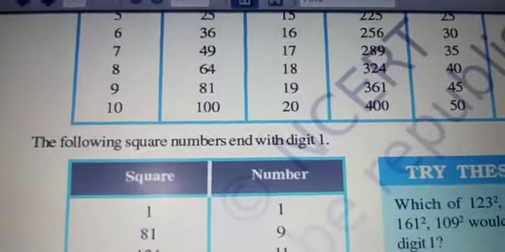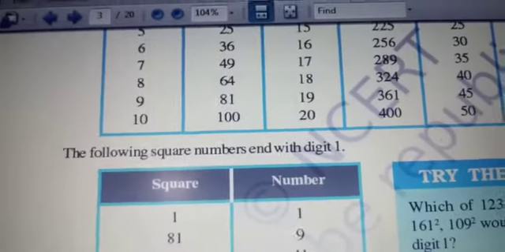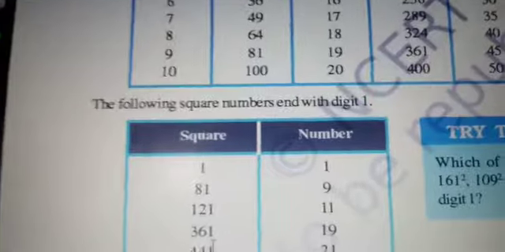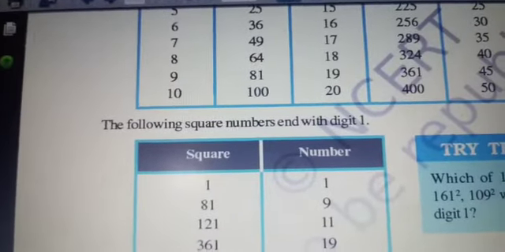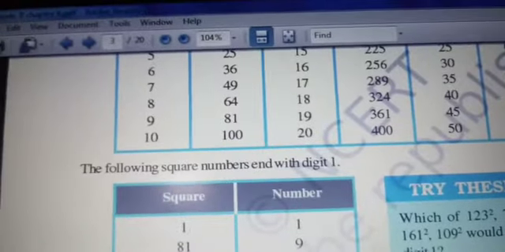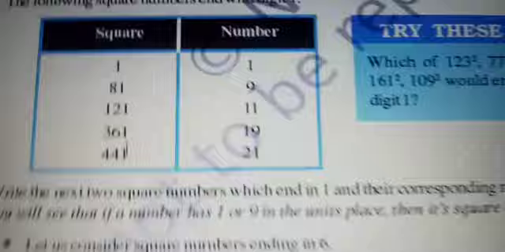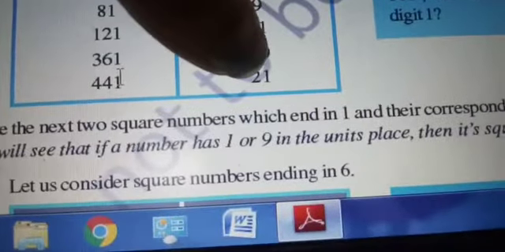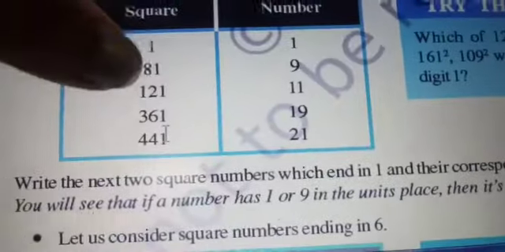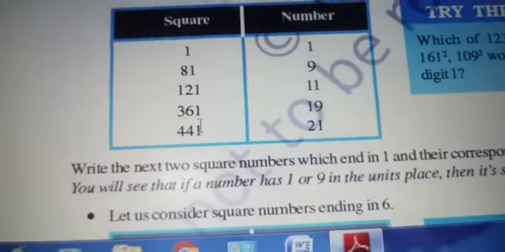If suddenly a teacher asks you 15 square, you should be able to say 225, 16 square 256, like that. You should make some tricks and learn this. Okay, so understood this? If a number has 1 or 9 in the last digit, then the square number will have 1 in its last digit. Understood?